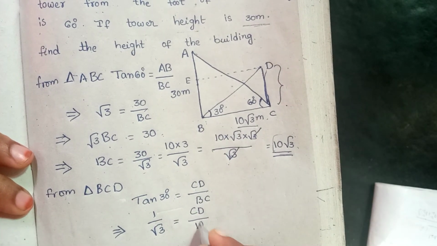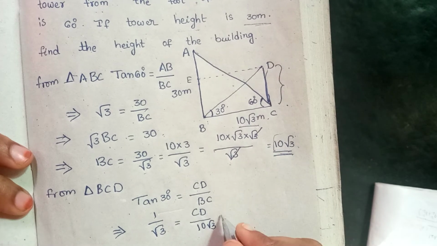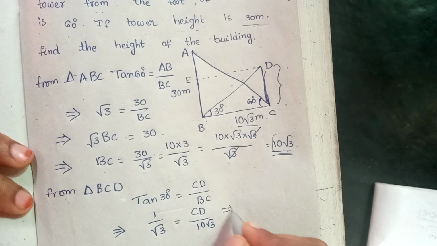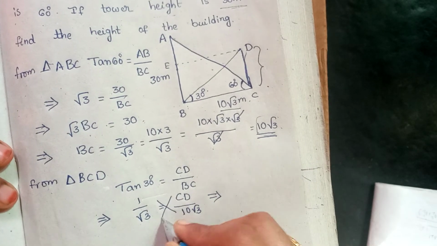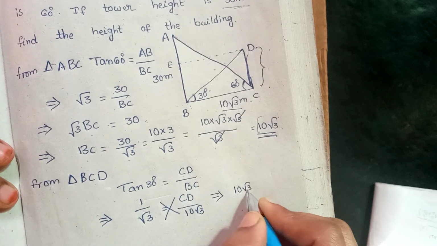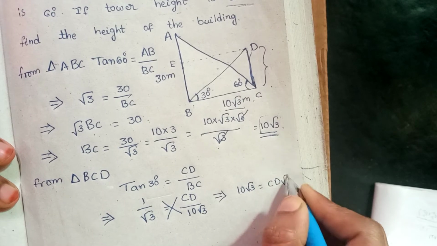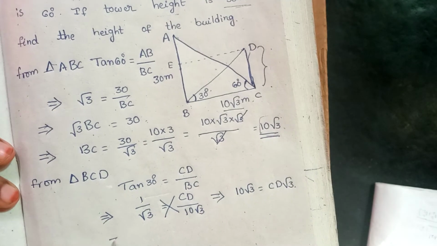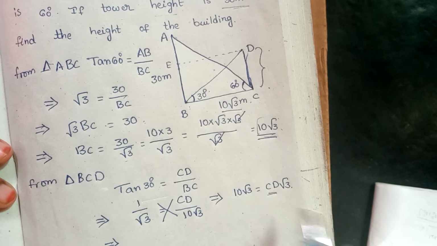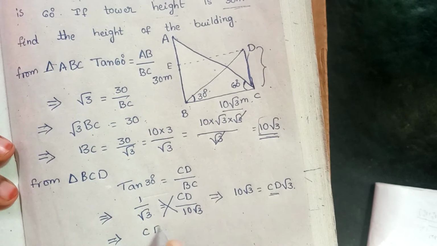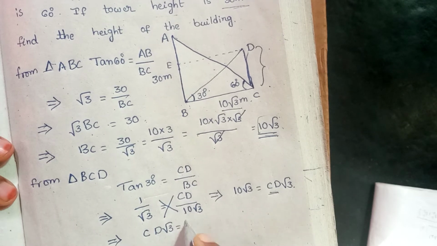10 root 3. Next, take cross multiplication. 10 root 3 equal to CD into root 3. Next, we have to find CD. So, we can write as CD into root 3 equal to 10 root 3.